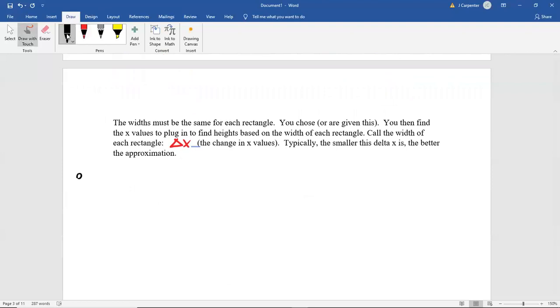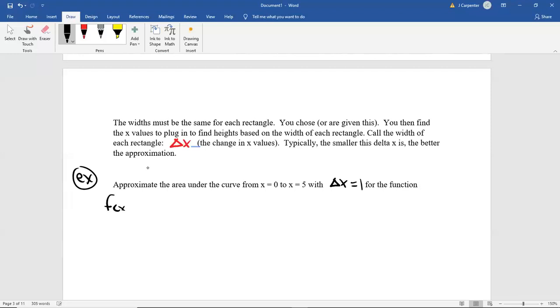So example. Approximate the area under the curve x equals 0 to x equals, let's go with 5, with delta x being 1, function f of x equals x squared, using a left-sided approach.